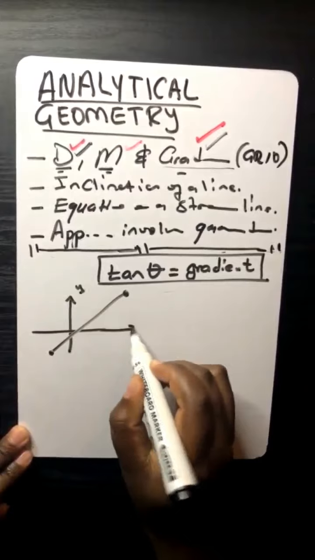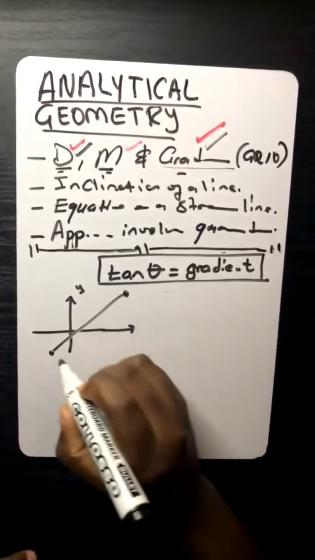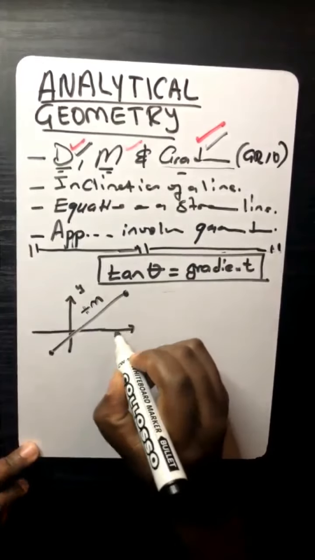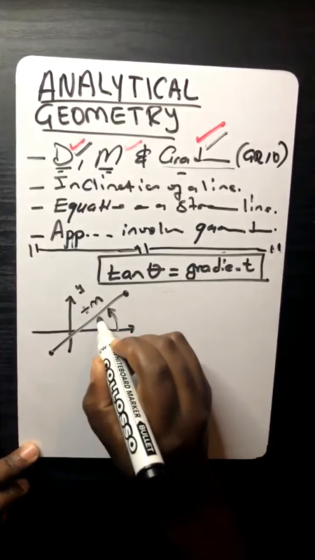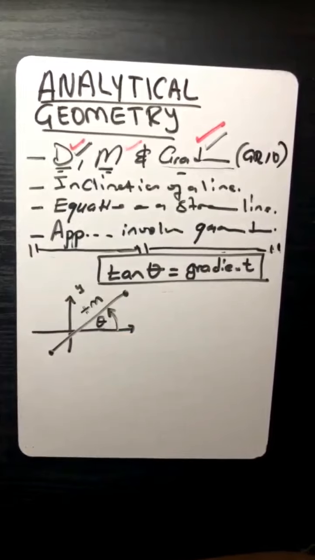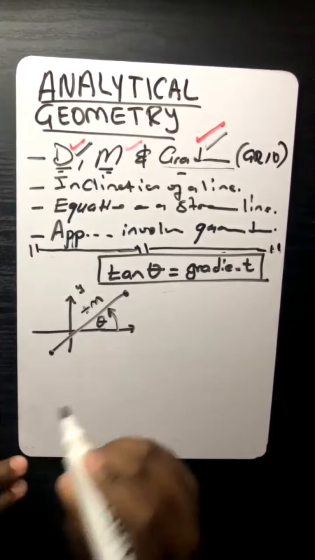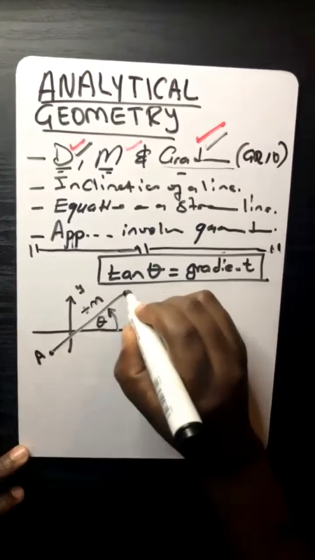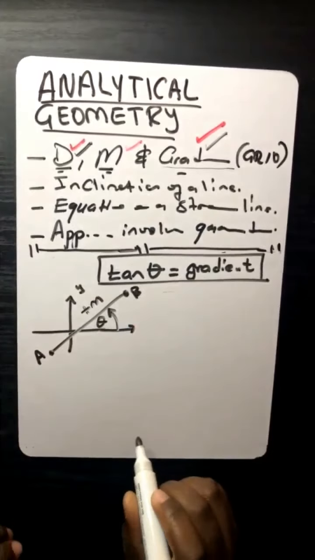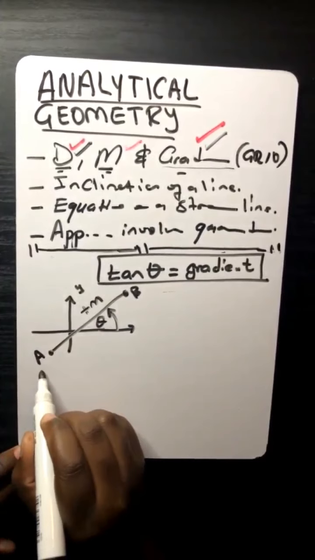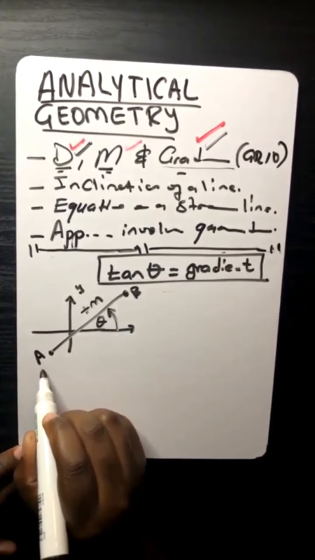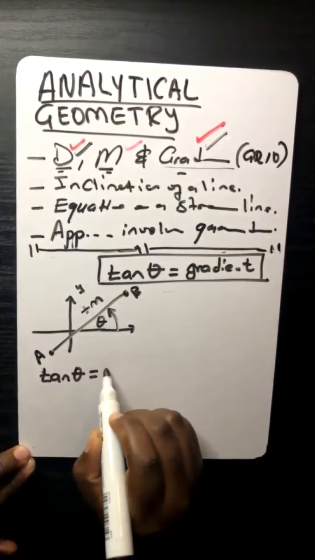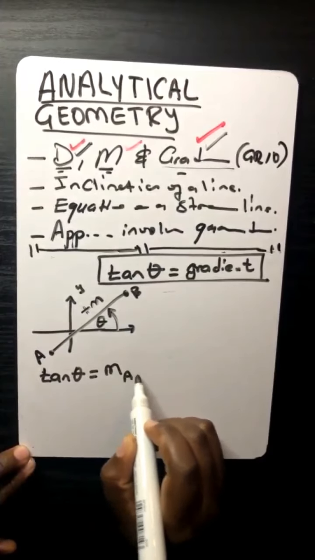Obviously, for this line which has a positive gradient, we are going to have that angle formed over there. In summary, let's say this is point A and this is point B. Tan angle is equal to the gradient of AB.